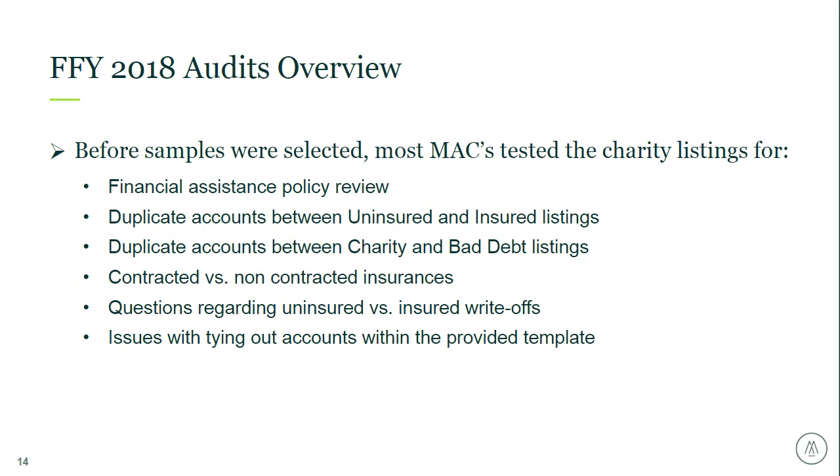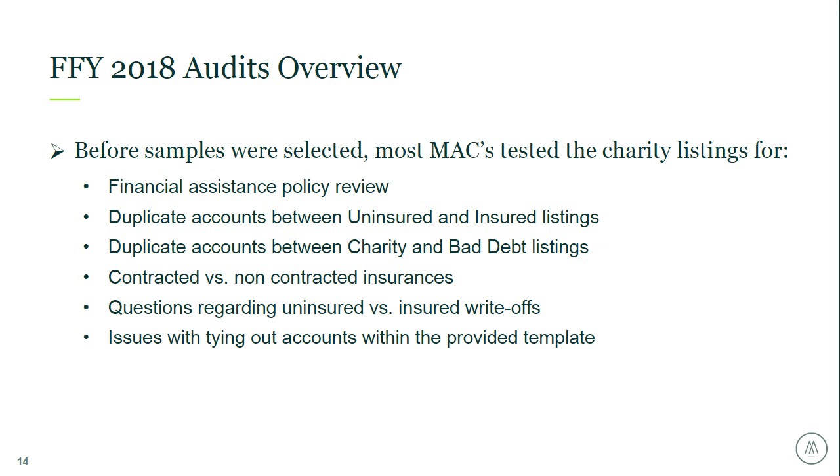We have seen in many cases where providers offer a 50% uninsured discount in the policy, but when reviewing the percentage of the discount applied to the account, it could be a greater percentage than the policy stated. This puts the facility at risk for extrapolations.